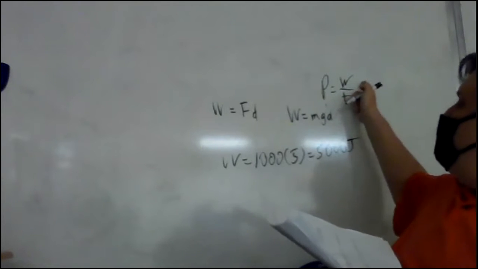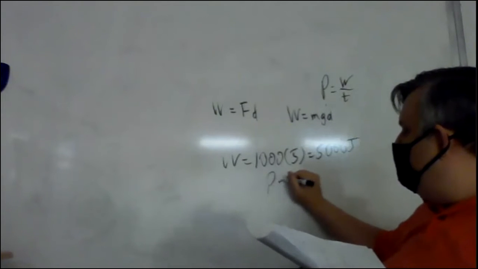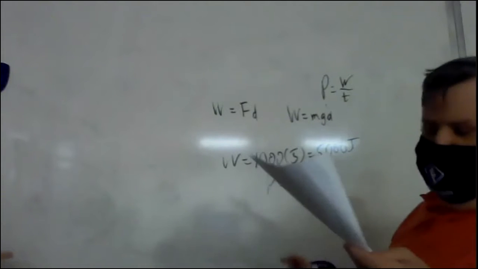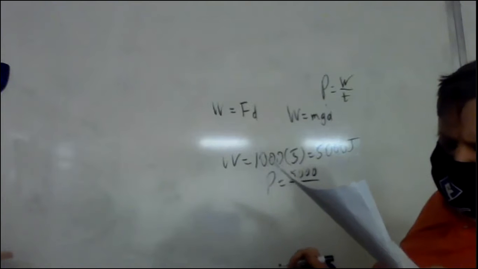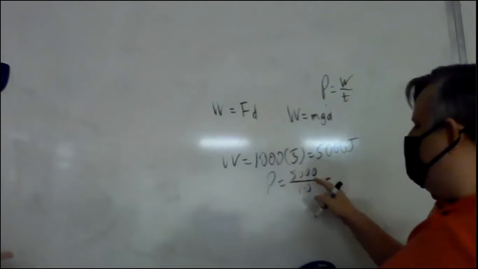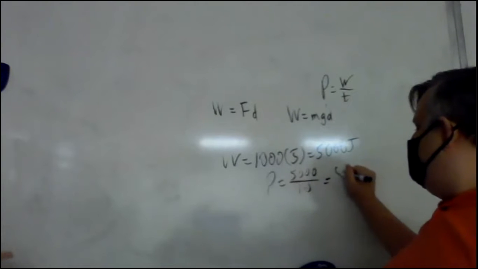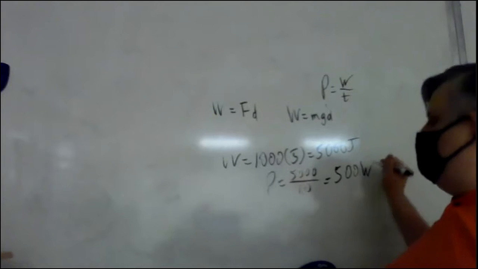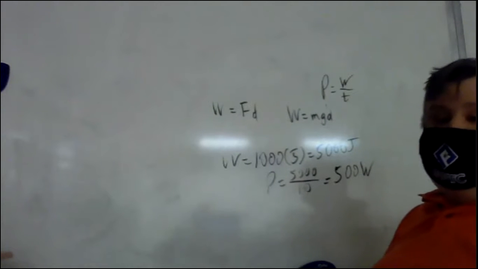We're then going to plug that into this formula. Power is equal to work, which is 5,000, divided by time, which was 10 seconds. So 5,000 divided by 10 is 500. And the units for power is watts.